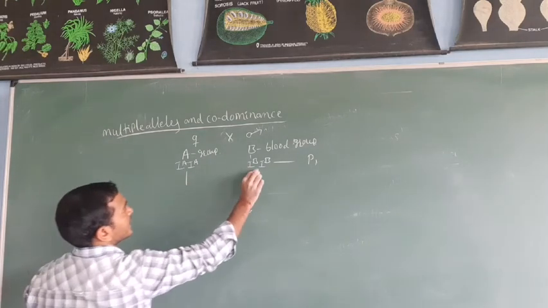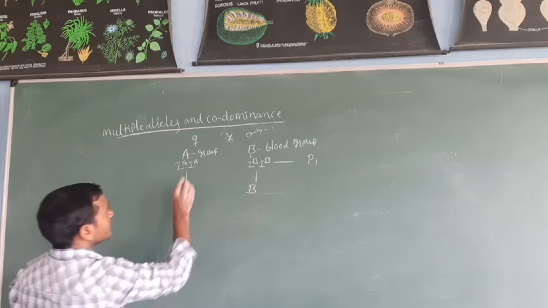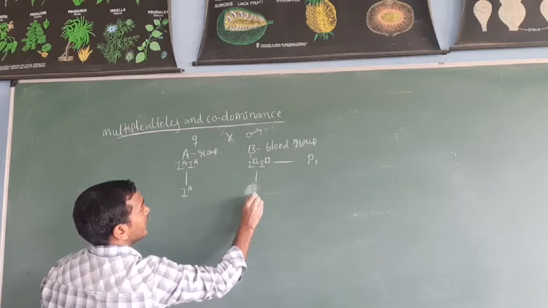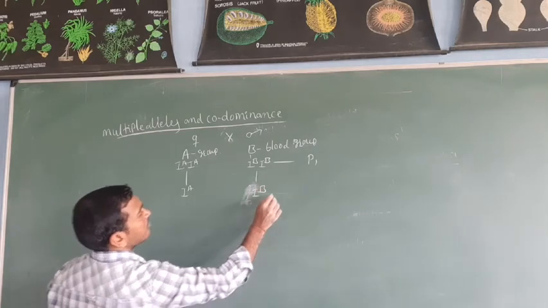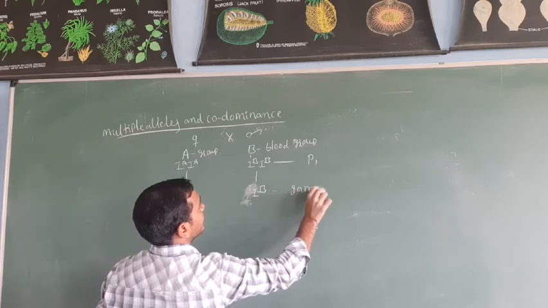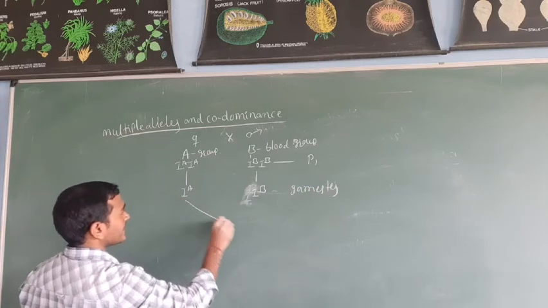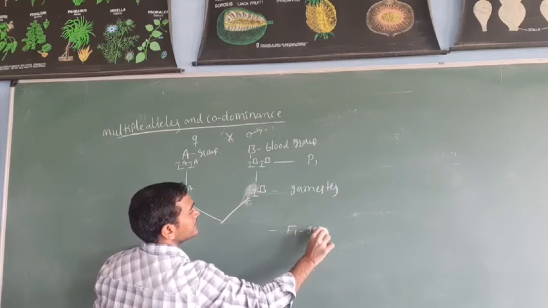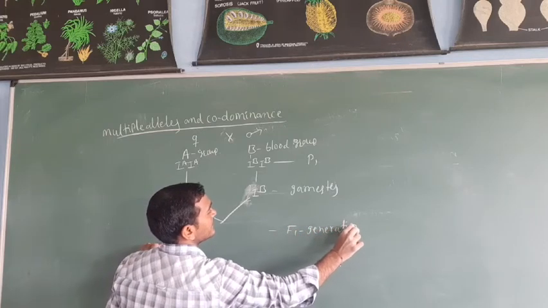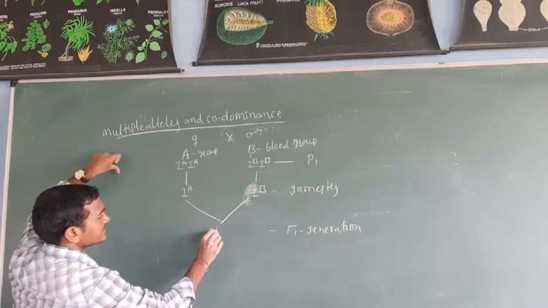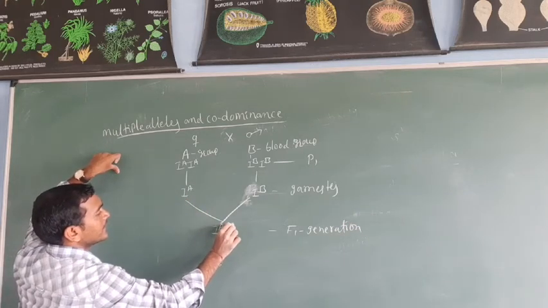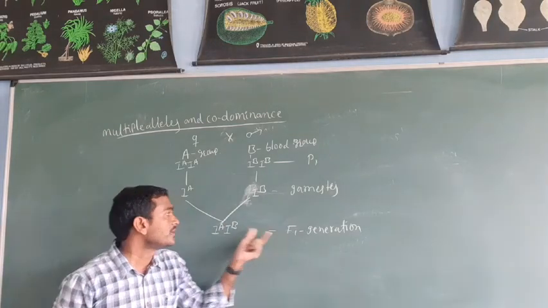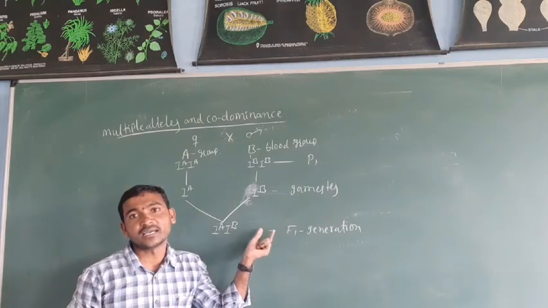The gametes are I A and I B, which combine to form the F1 generation. In the F1 generation, all children will have AB blood group, either girl or boy.